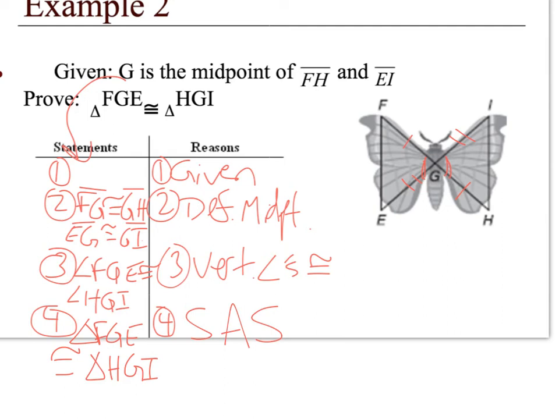And notice how my corresponding parts line up. FG and HG are my congruent segments, right? And I have, let's see here, GE and GI are also congruent.